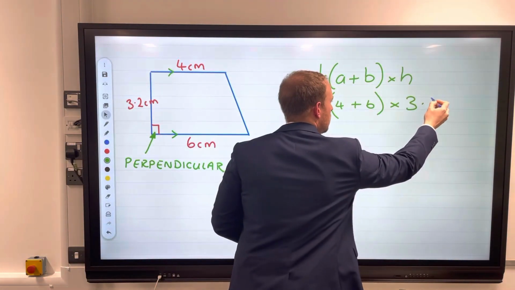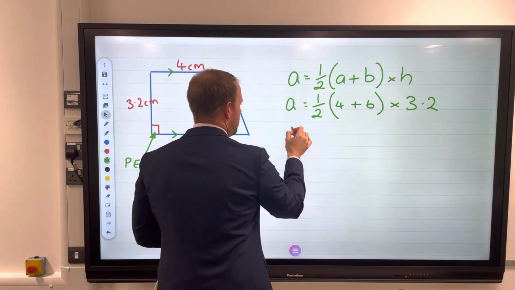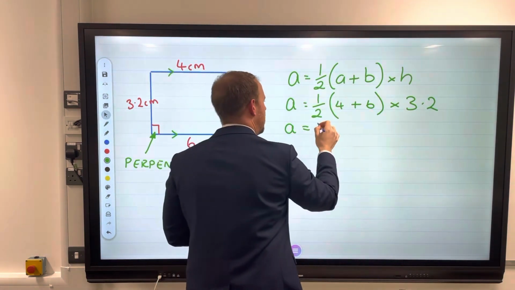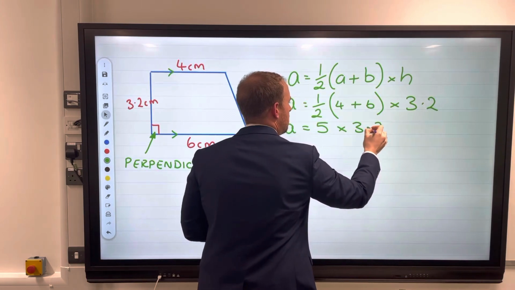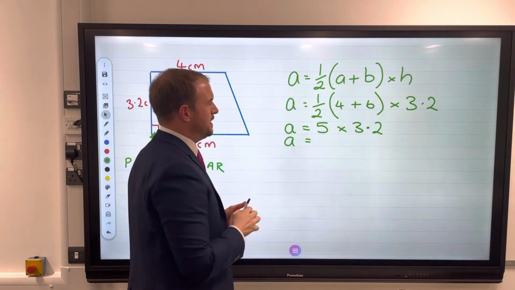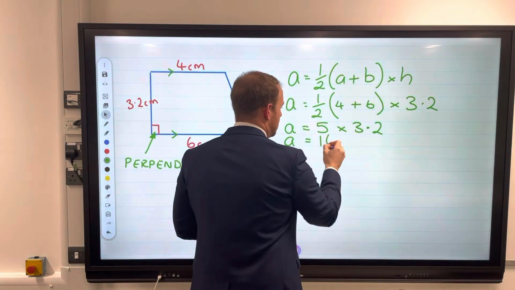Now we can start working it out. With this bracket here then, I've got 4 plus 6, which is 10. Half of 10 is 5. So I've now got 5 times 3.2. Well, if 10 times 3.2 is 32, that means 5 must be 16.